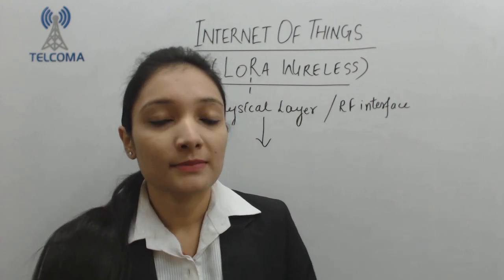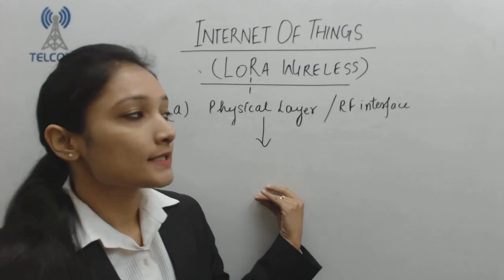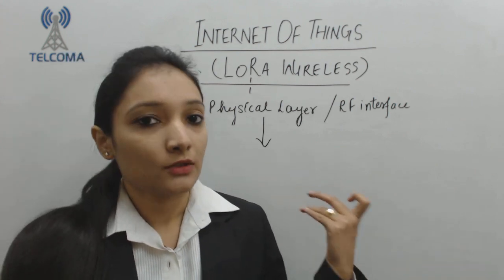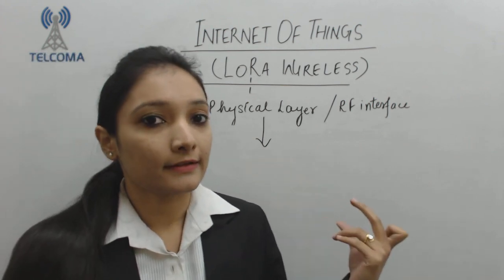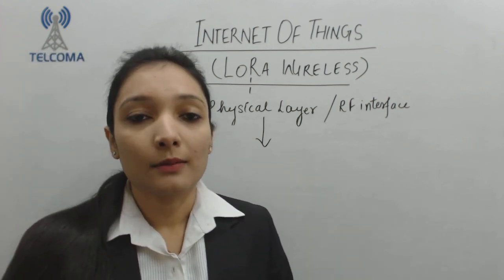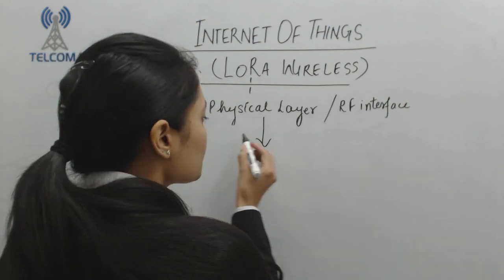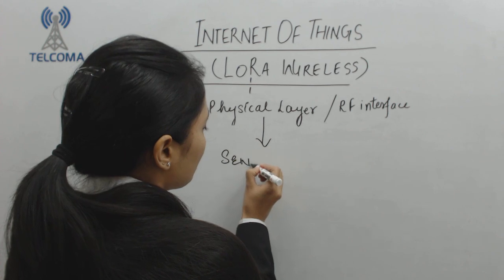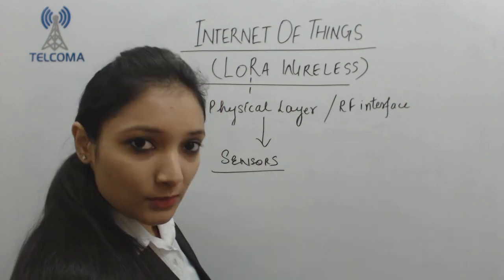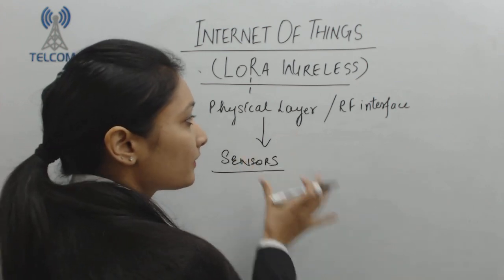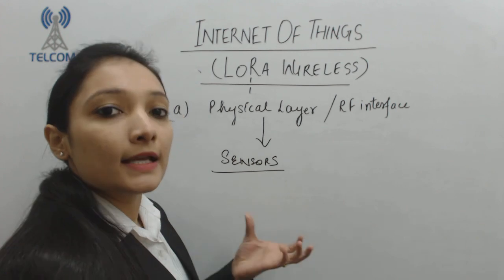It is related to modulation techniques and the media through which the data is transmitted. Same in the LoRa network, the physical layer is used to make direct communication with the outside world, using different sensors which collect information from the world in order to collect the various data.